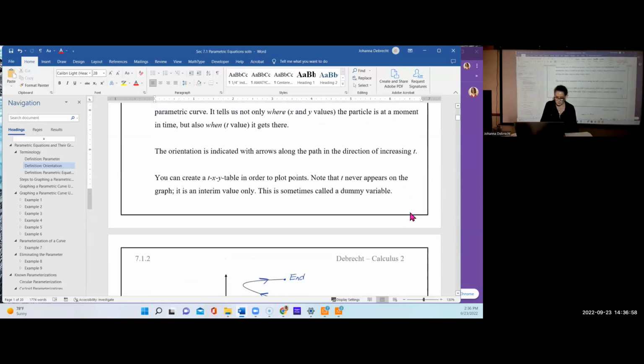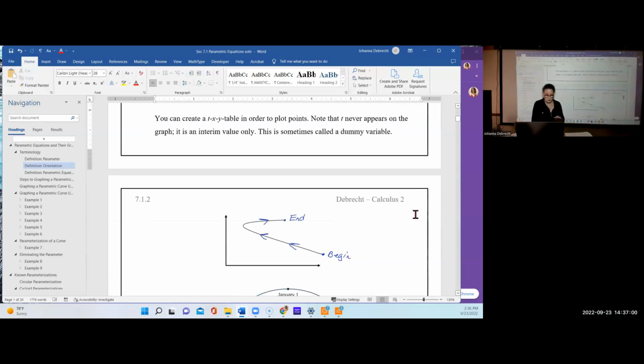Now, how do we plot these points? We can create what's called a t-x-y table in order to plot points so that we can figure out where they are. Now notice t does not show up in the graph of the curve, because this, of course, is just the ordinary xy coordinate system, where that's the x-axis and that's the y-axis, and there is no t-axis.